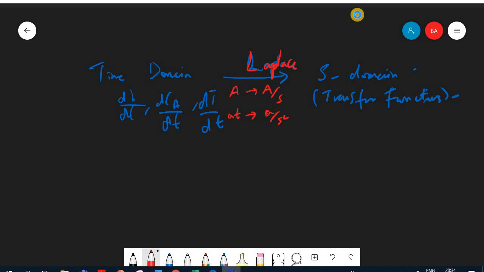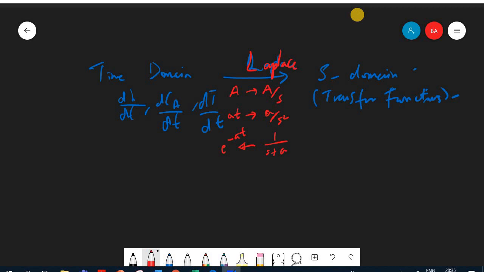Or if it is an exponential term, it is 1 over s plus a. If you want to take it back, it becomes e to the power minus at. So all of these kinds of things we are trying to deal with here. We want to take it from the time domain to the S domain, which we call the transfer function.